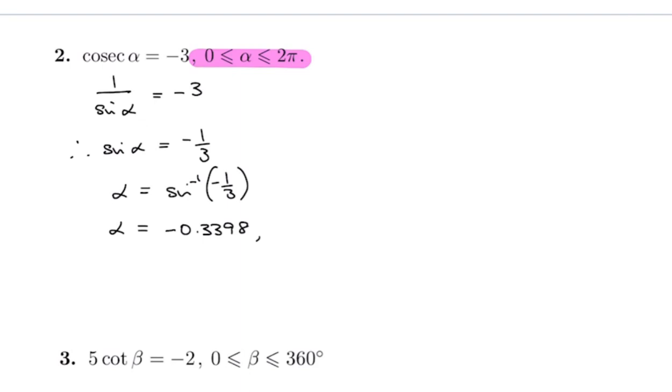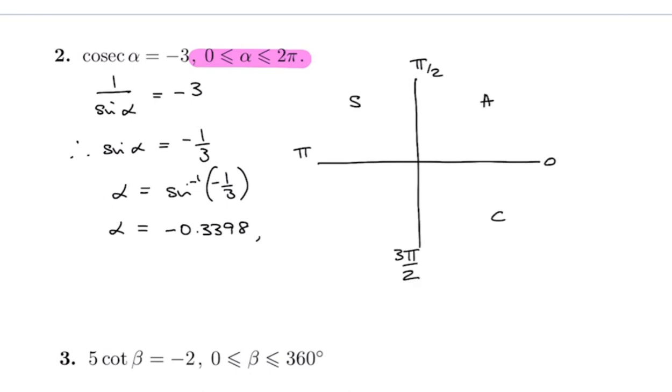Now you'll notice that the principal value that comes off is not one of the solutions we actually want, but we need it to find where the other ones are. Again, CAST diagram, this time in radians, pi, 3 pi over 2, C, A, S, T, and negative 0.3398 is down here. We were doing sine of a negative. Where else is sine negative?